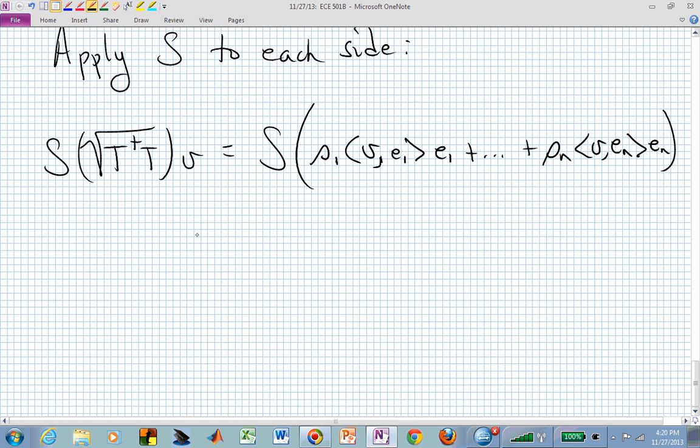But on the right-hand side, that s1 inner product is just a scalar. So let's factor that through the S, or push the S all the way up against the e's. Meaning, let's now rewrite that as s1 <v, e1> S e1 plus, and that keeps going, sn <v, en> S en.